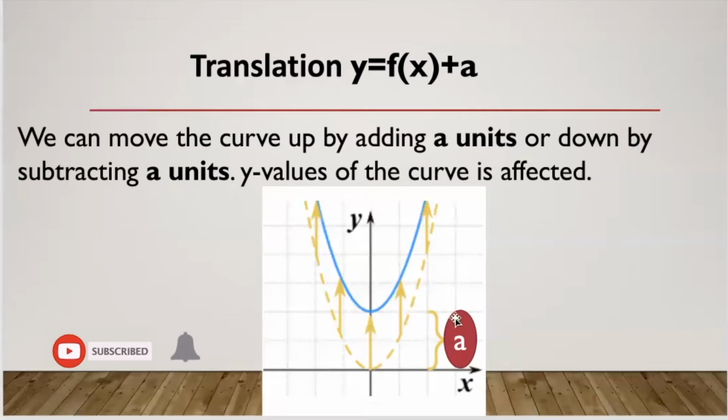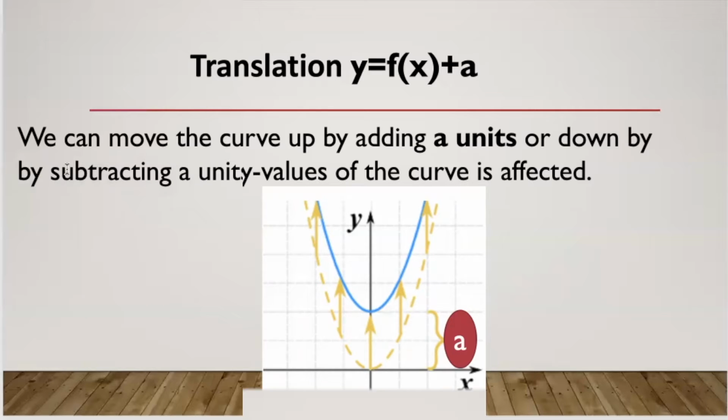If I am adding a units, the entire graph, this curly bracket is denoting, will be shifted a units upwards. This will now be our new function f of x plus a. If a is 3, I'll be shifting 3 units upwards on the y-axis. But if a was minus 3, then I'll be shifting 3 units downwards on the y-axis.